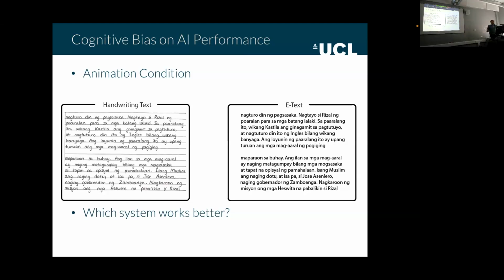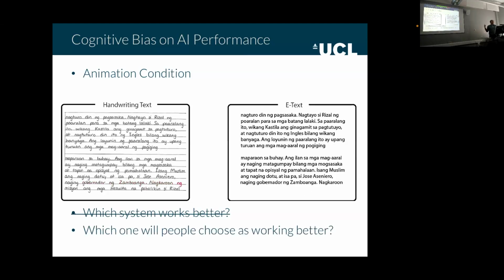But instead of asking them which system works better, we asked them which system do you think most people will choose as the one that works better? Because we wanted to make sure that they think a bit harder about the question. And we told them that at the end of the study, we will count the responses, and if you answered in the majority, we will give you a bonus compared to the typical reward.